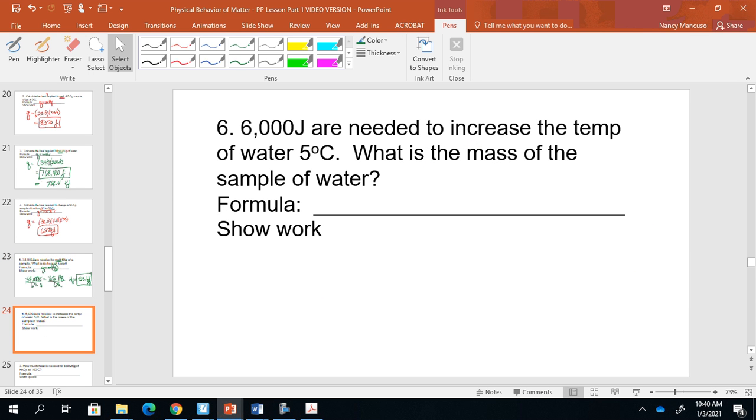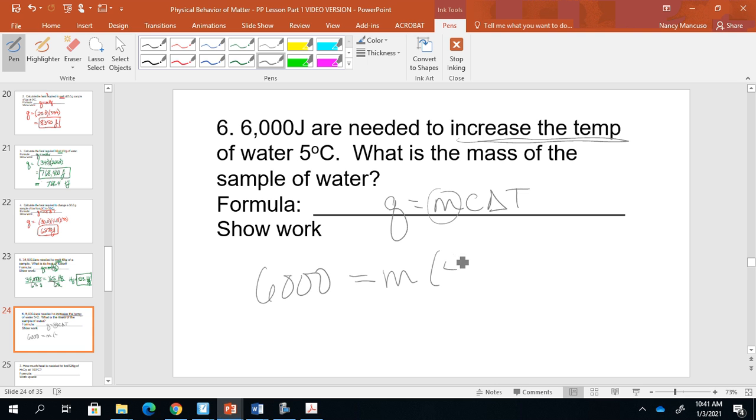All right, 6,000 joules are needed to increase the temperature of water 5 degrees. What's the mass? If I'm increasing the temperature, I've got Q = mcΔT. And M is going to be the thing that I'm solving for this time. So I have 6,000 equals m times c, which is 4.18, and I want to change the temperature by 5 degrees.